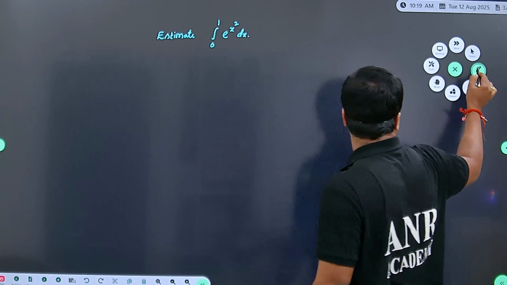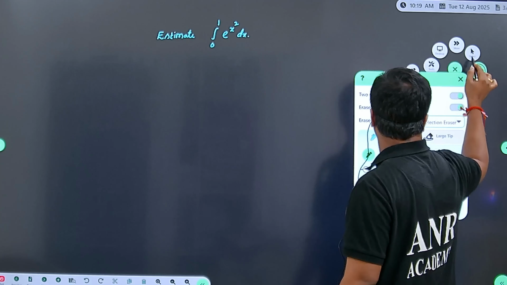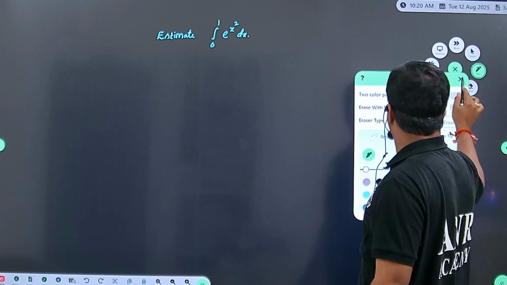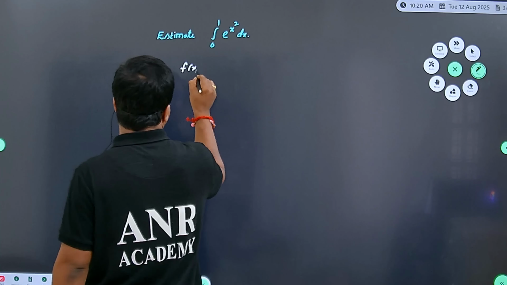See, directly there is no integral value of e power x square, but here the function f of x is clearly e power x square. Its derivative is e power x square into 2x. To get maxima and minimum values, we have to equate its first derivative with 0.